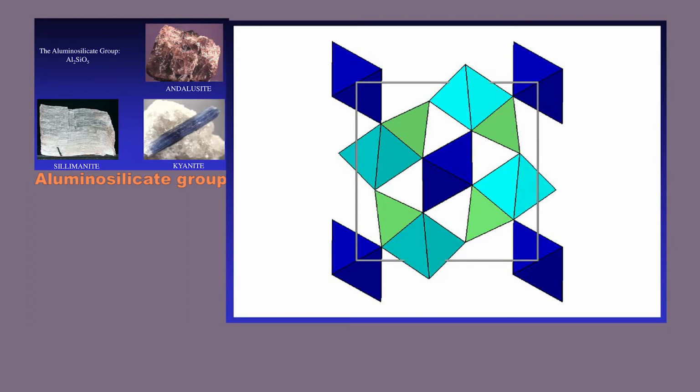The presence of this chain is responsible for elongation of crystals of these minerals along the C axis. The phase relations of these minerals have been studied by various workers.